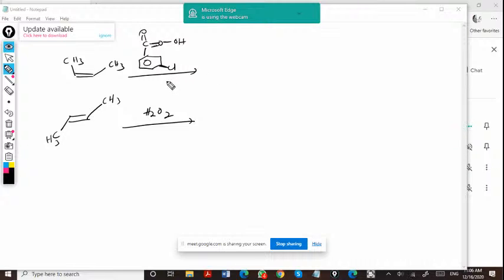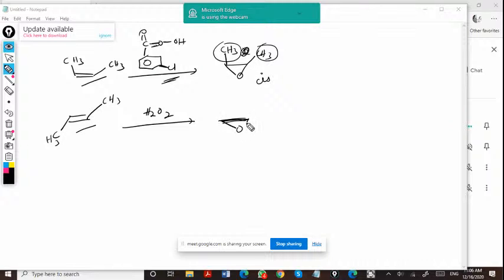Actually, when I am not using water, it's going to give simple epoxide. Epoxide means the double bond gets converted into epoxy. Okay, so whatever the groups are there, they will be there as such. So if you take cis olefin, it's going to give cis epoxide. If it is trans olefin, it's going to give trans epoxide.